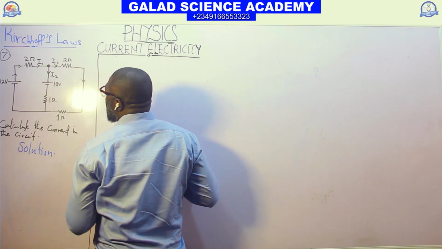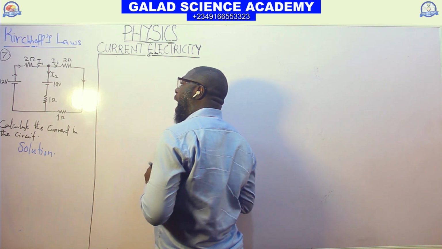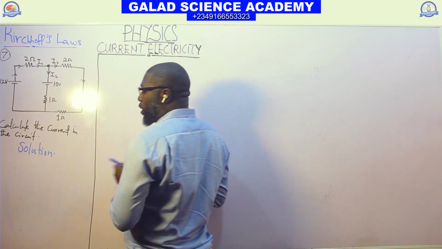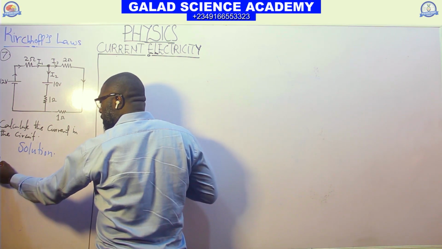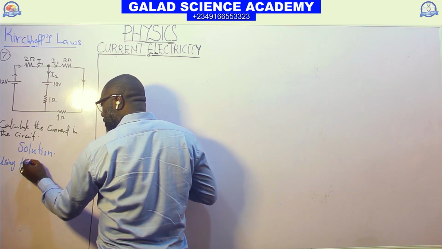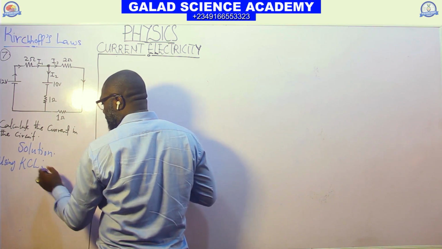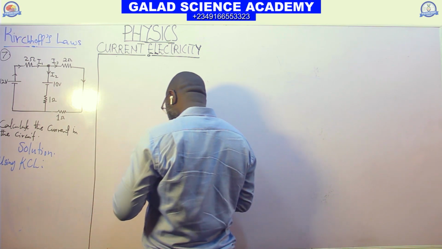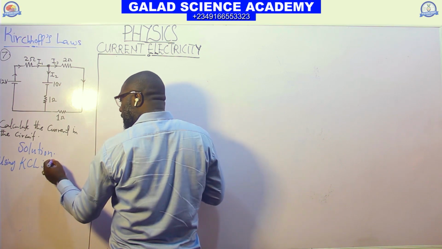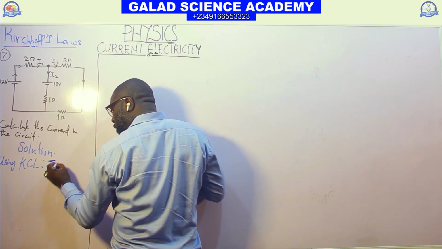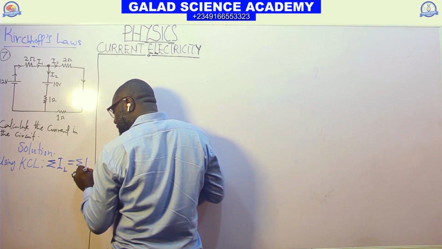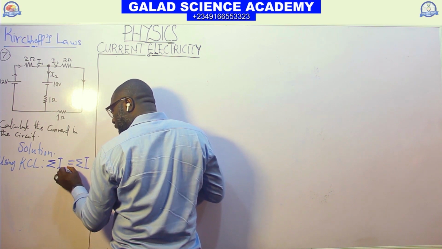From that, using Kirchhoff's current law, we say that the sum of the currents leaving the junction equals the sum of the currents entering the junction.